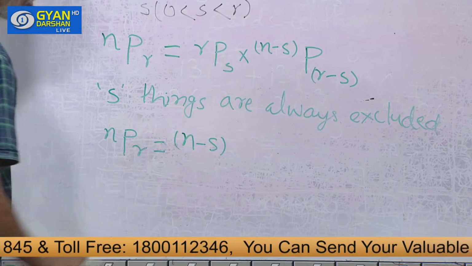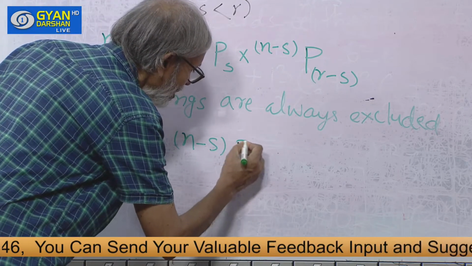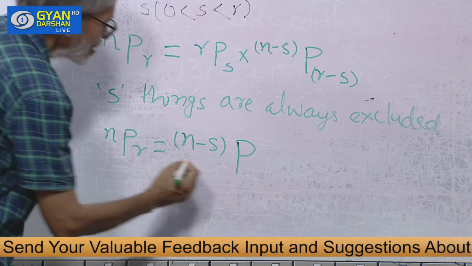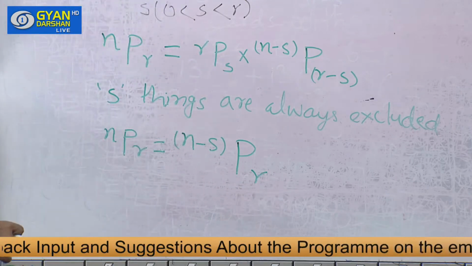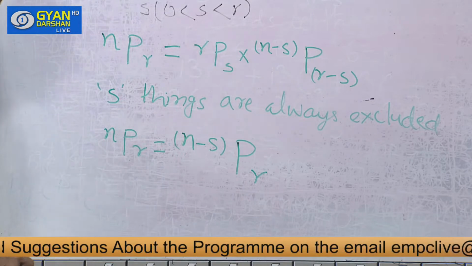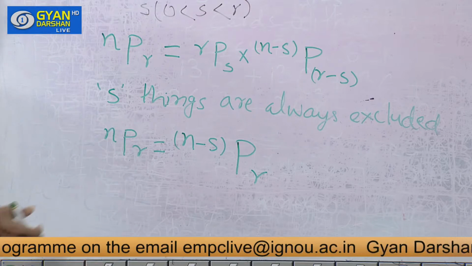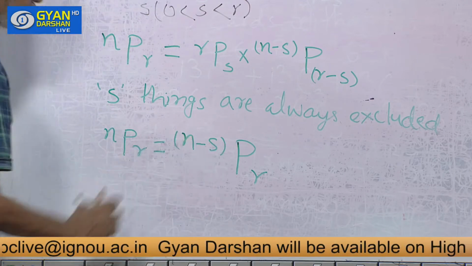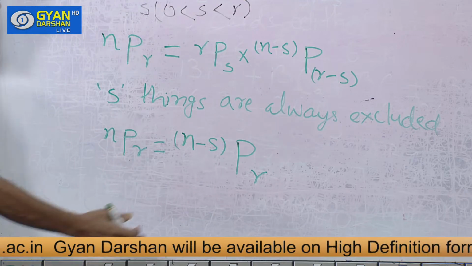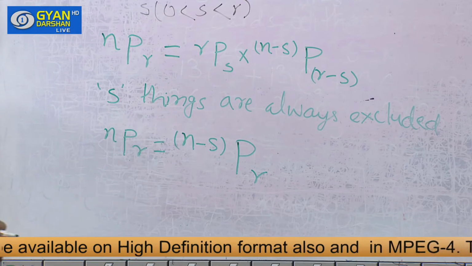So, this will be n minus s P r, isn't it? Because s things we have excluded, we do not have to select. Only out of n minus s remaining distinct things we choose r things.